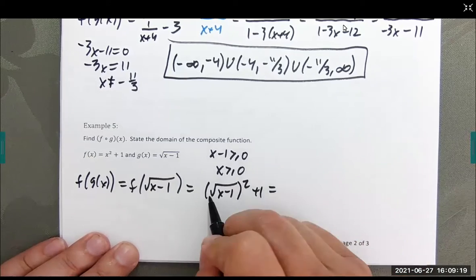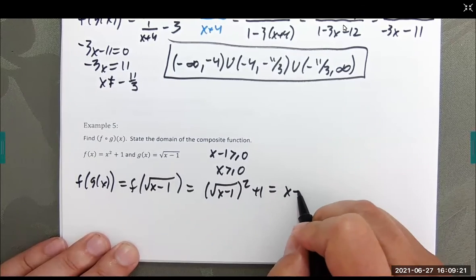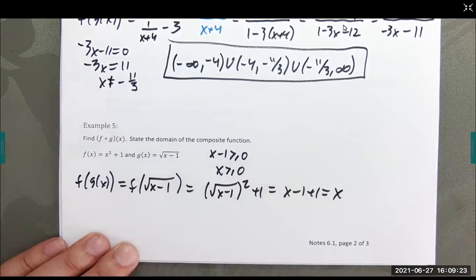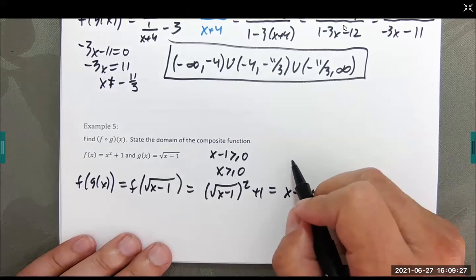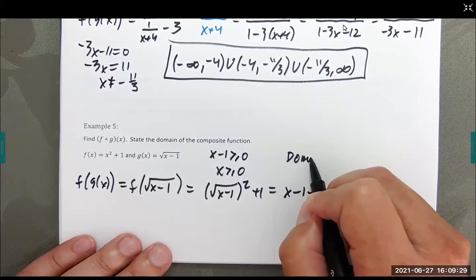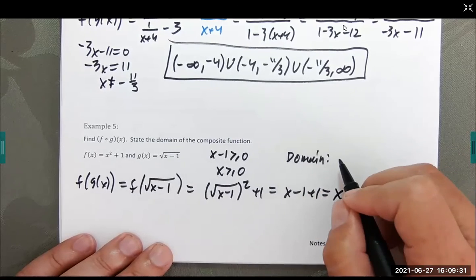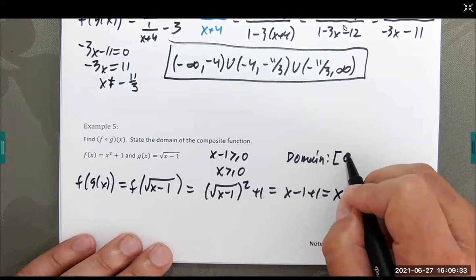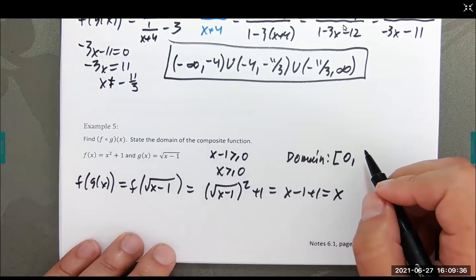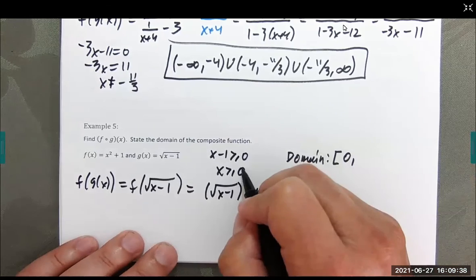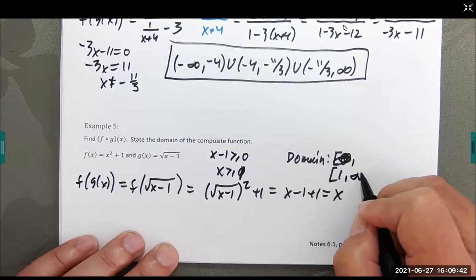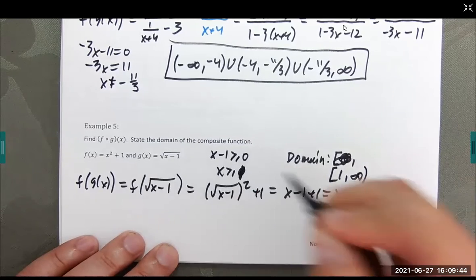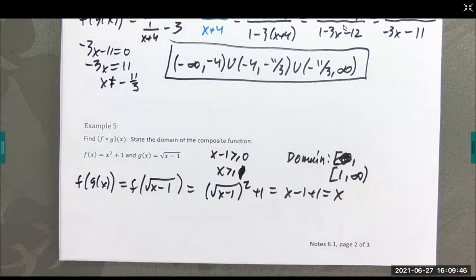Now the radical and the squared cancel each other out. And there are no restrictions with something like this. So our only restriction in this case is going to be 0 inclusive. Oh, 1, I mean. 1 off to infinity. Yeah, you have to add the 1. All right.